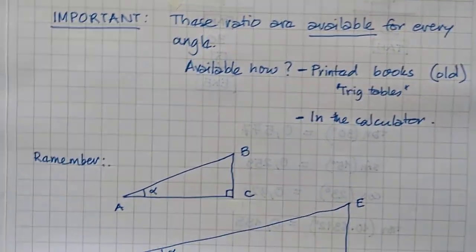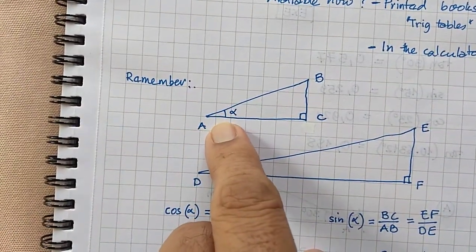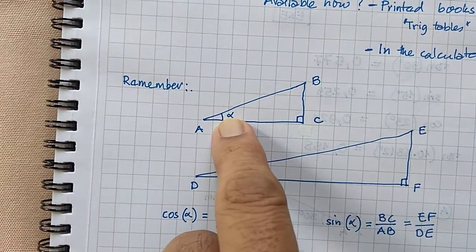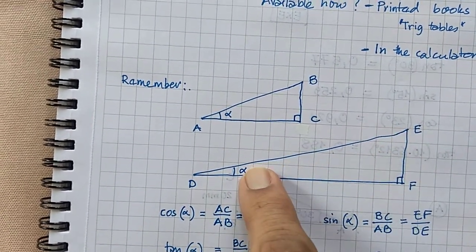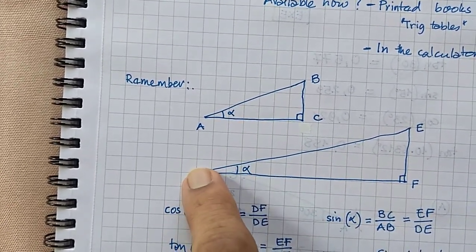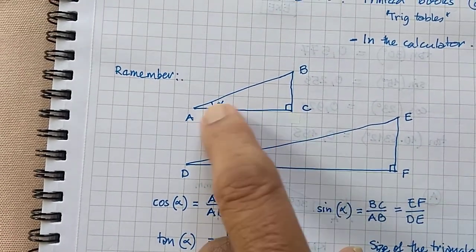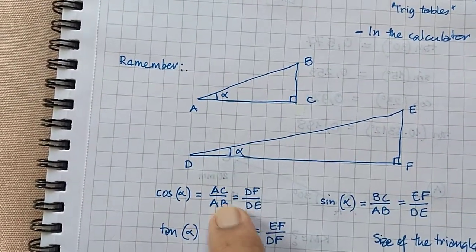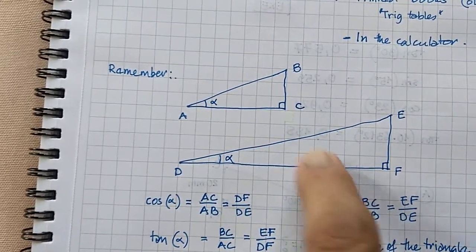Now I just want you to remember one thing: if you have a triangle like this with a given angle alpha, and another triangle like this with the same angle alpha here, then cos alpha is equal to AC over AB. It's also equal to DF over DE, because these two triangles are similar.